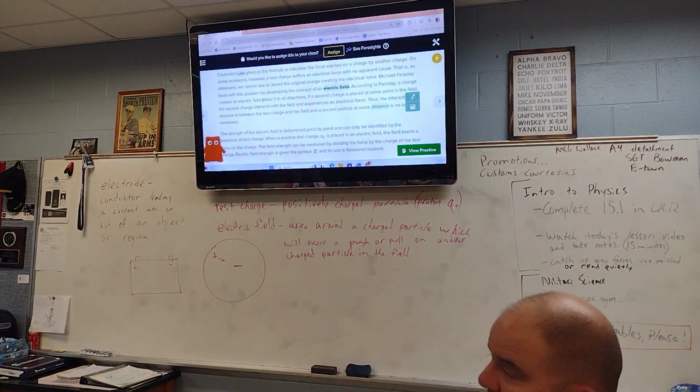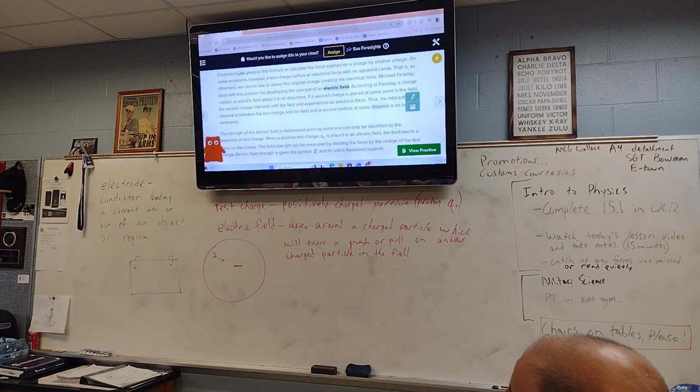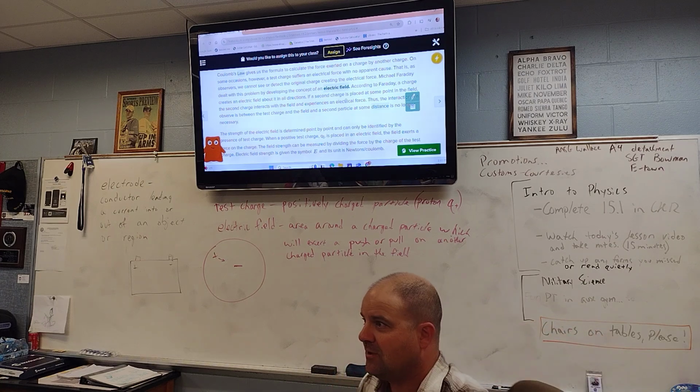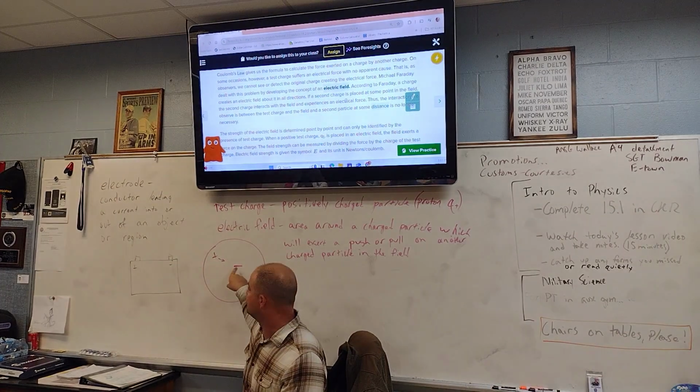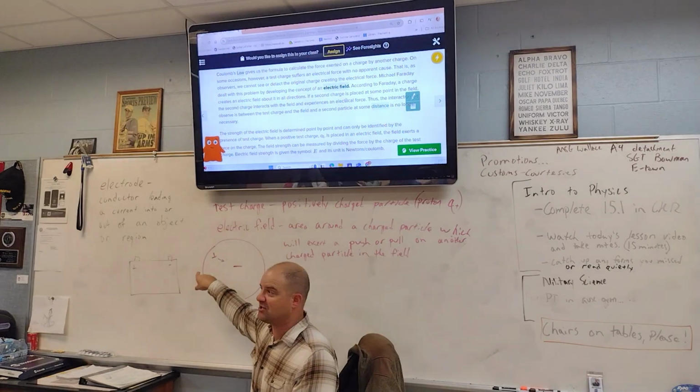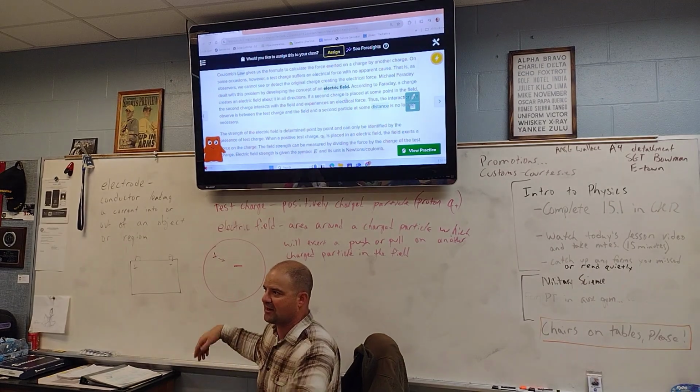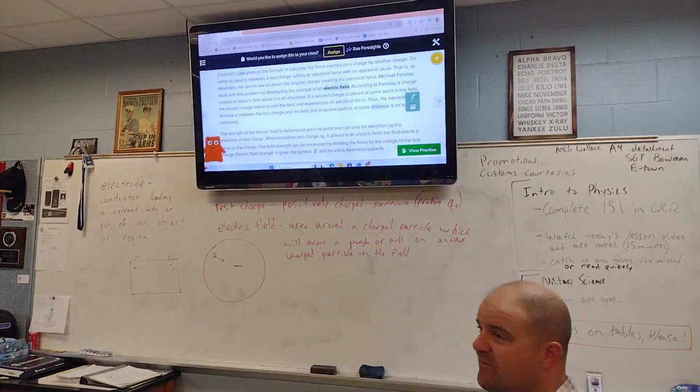That's why I used a circle. If a second charge is placed at some point in the field, and the second charge interacts with the field, it experiences electric force. So we placed another charge in here, a test charge, and it is interacting with it in such a way, because it's opposite, it's going to attract. So we have a pulling force.